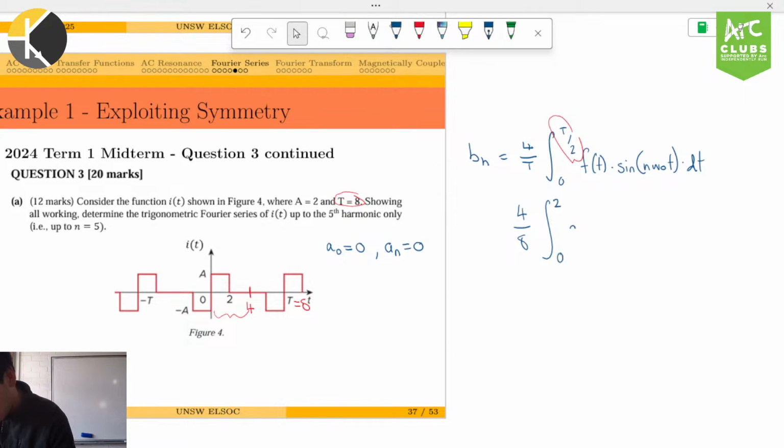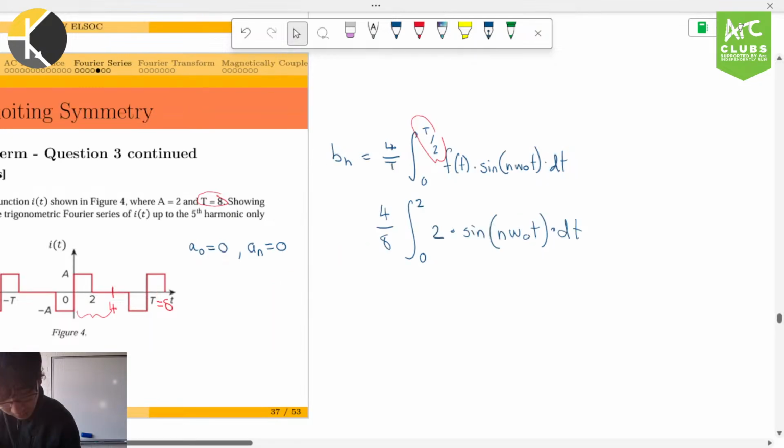The function is 2 between 2 and 0, and then sine n omega naught t. We should also note what omega naught is: 2 pi on T, where T in this case is 8, so this would be pi on 4.